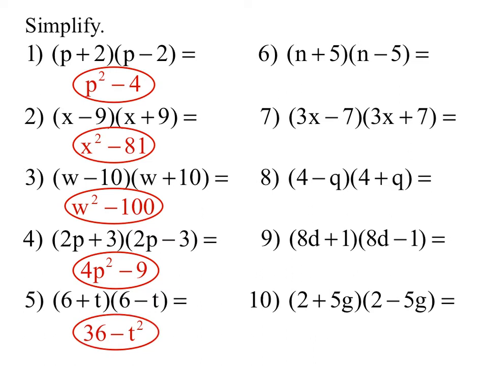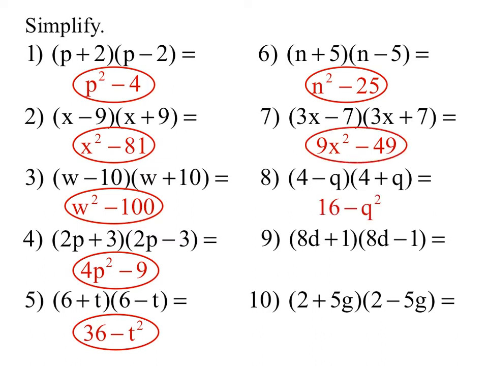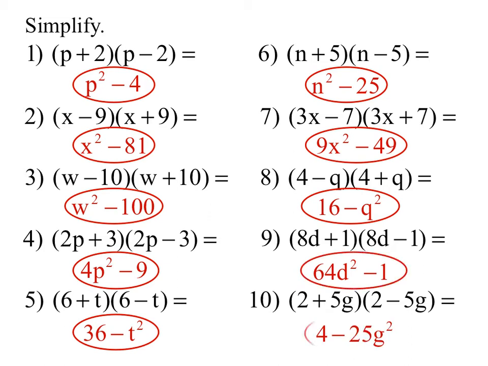All right, next one is n squared minus 25. 9x squared minus 49. 16 minus q squared. Number 9 is 64d squared minus 1. And number 10 is 4 minus 25g squared.